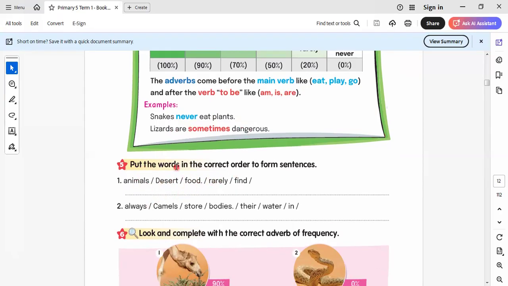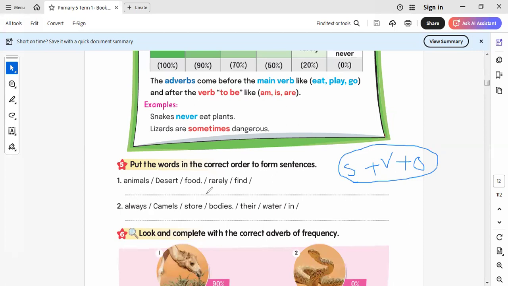So here we put the words in the correct order to form a sentence. As we told you before, we have a rule: subject plus verb plus object. Yes, we must write this rule to answer this question.